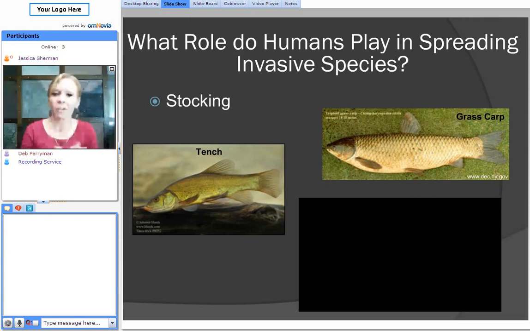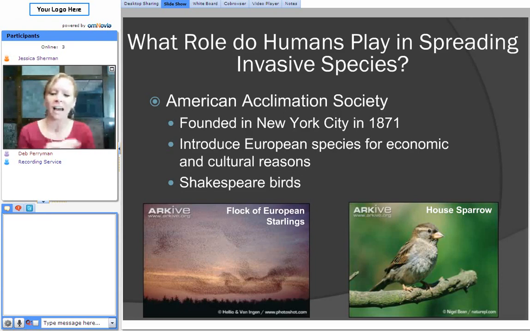And then there was something called the American Acclimation Society. This was a group that was founded in New York City in 1871. Their main goal was to bring over as many European species as possible. They had in their mind that this was for the best economic gain and for cultural reasons. They wanted to bring these beautiful species over.